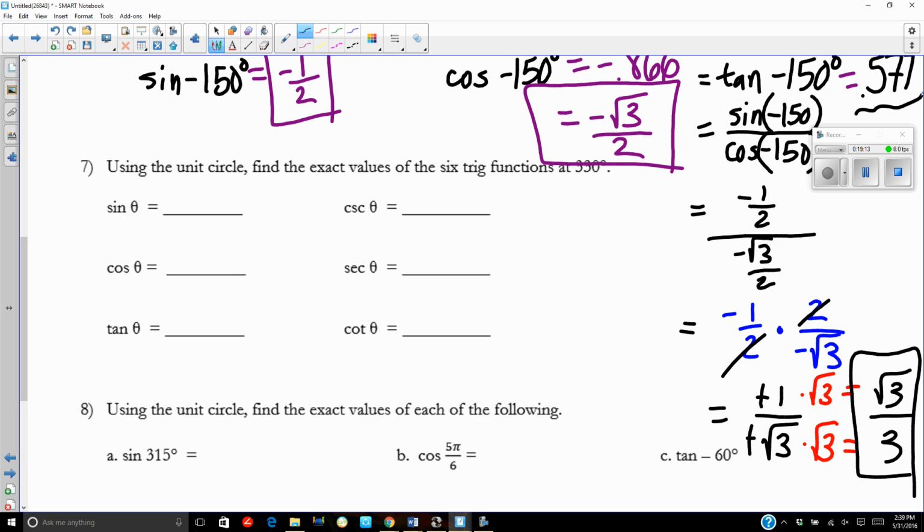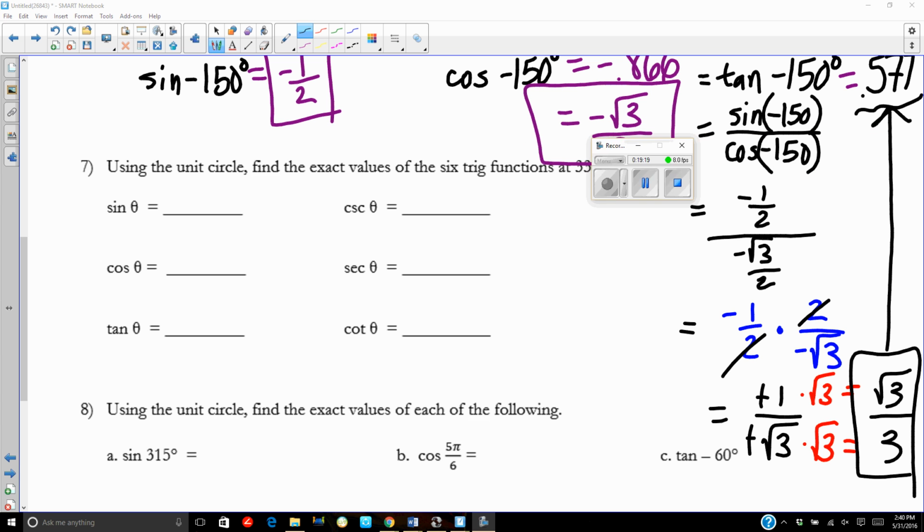It should give you 0.577. These two answers are the same value. So that's, again, a way you can check your answer. So tangent of negative 150 is radical 3 over 3. This is your answer right here.